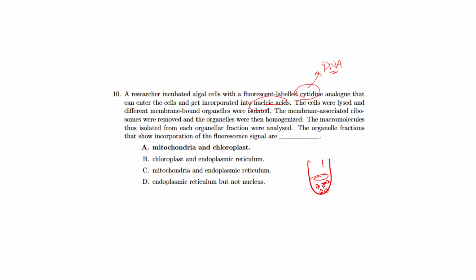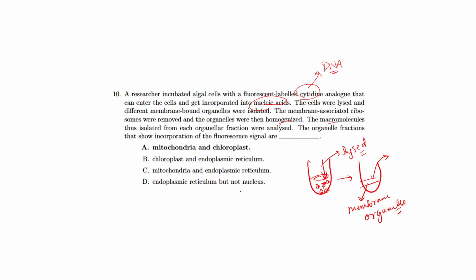Then they lysed these cells and extracted out the membrane-bounded organelles, and they homogenized it. The macromolecules thus isolated from each organelle fraction were analyzed. So it is asking which organelles will show the fluorescent signal.